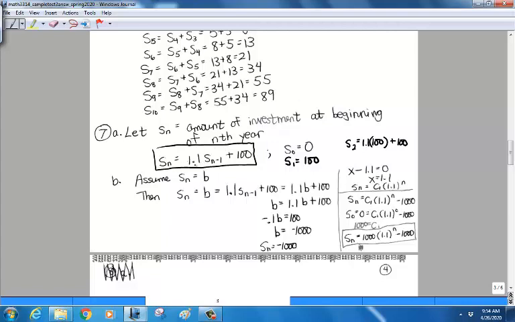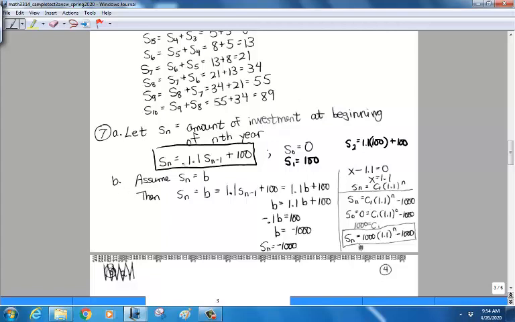In other words, we want to develop a formula that is not recursive. Can we convert this recurrence relation into a non-recursive formula, where we can compute the amount of the investment at the beginning of any given year?